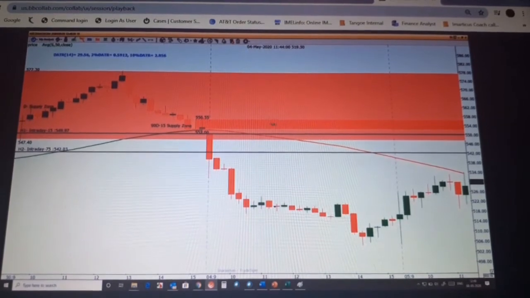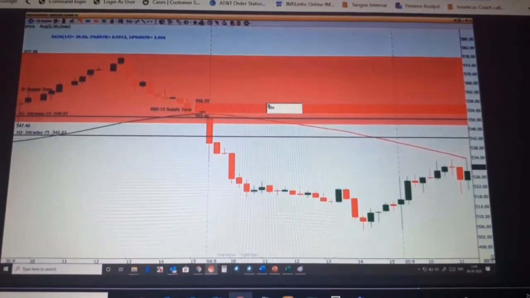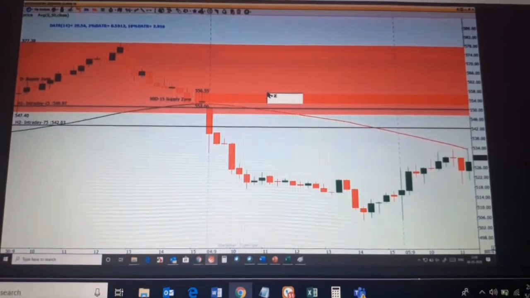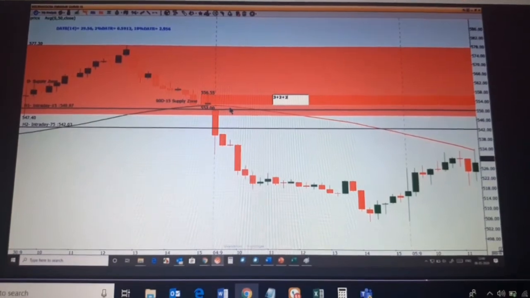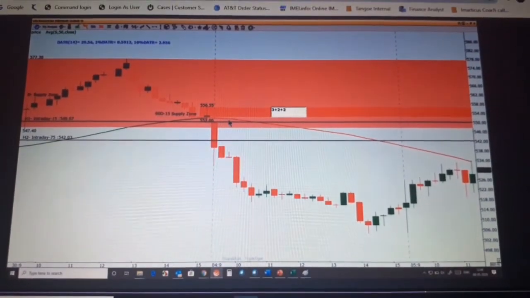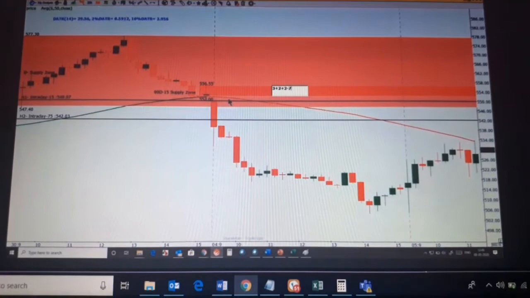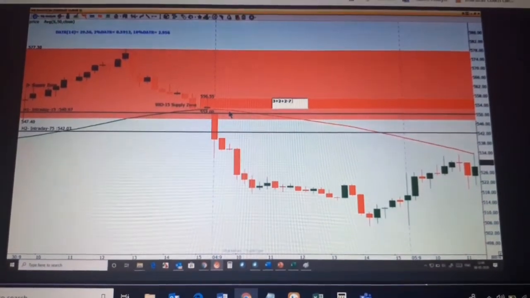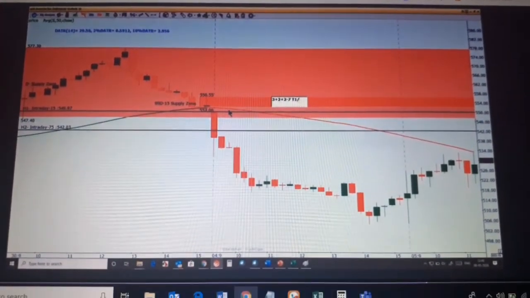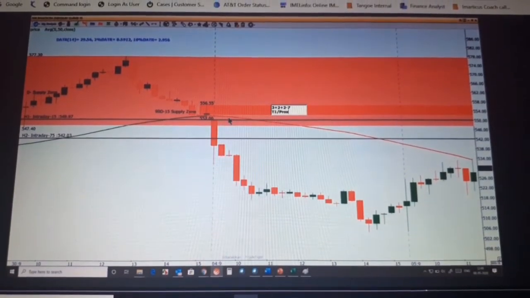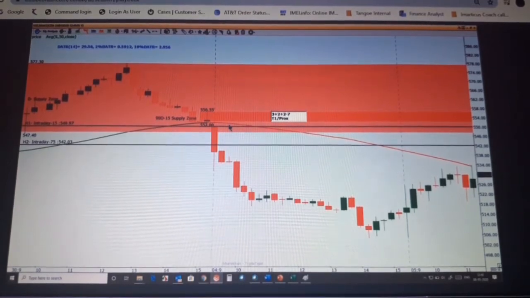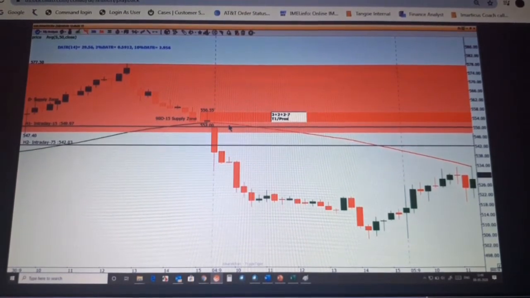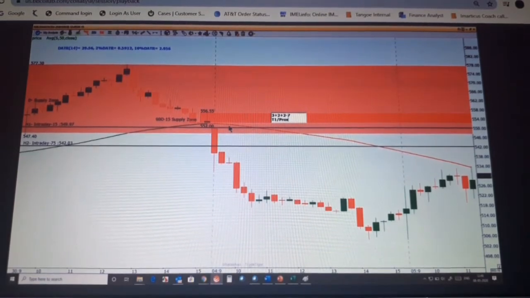Seven: 3 for freshness, 2 for the strength, and 2 for your time spent at the base, which is equal to 7. Hence, P1 or proximal entry, right?